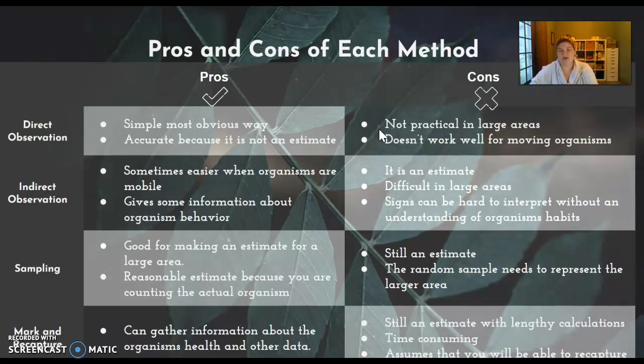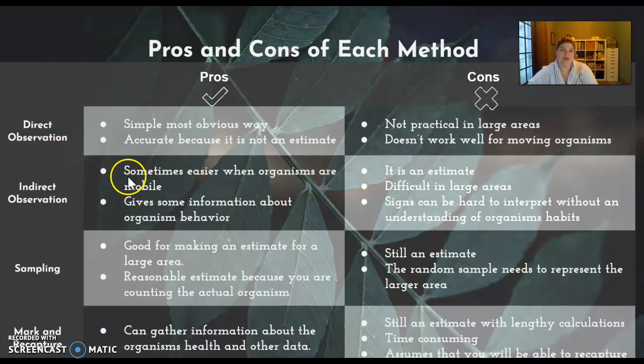It's not always practical, especially in large areas, and it doesn't work well for moving organisms. So if I have fast moving organisms, I'm not going to have enough time to count every single one. And certainly in a large area, I'm not going to sit in a dandelion field and count every single dandelion. So the practicality isn't there for certain scenarios.